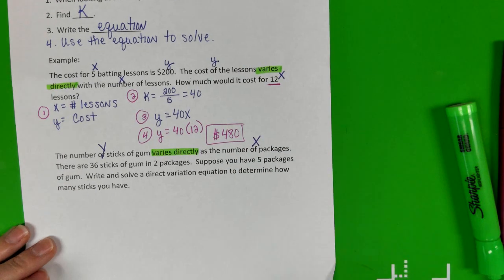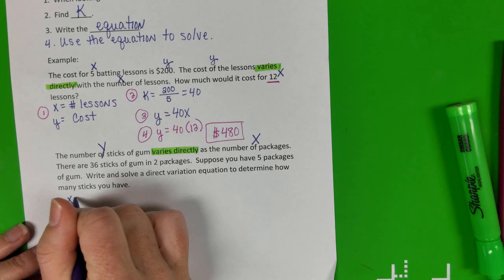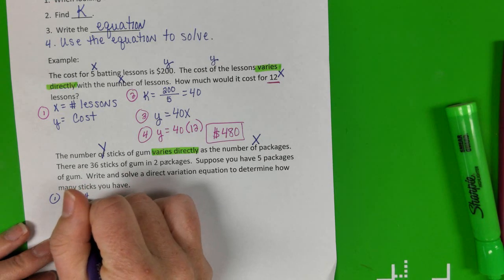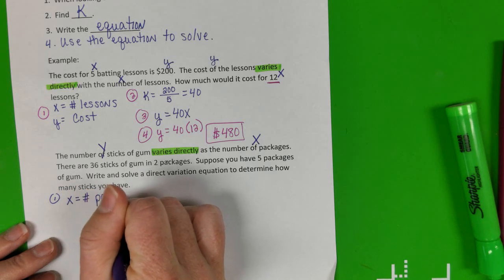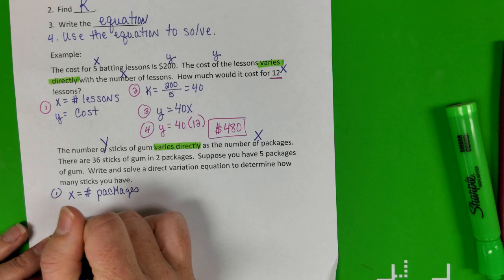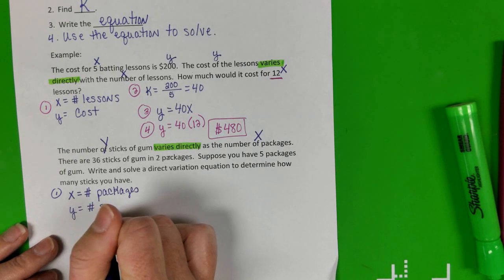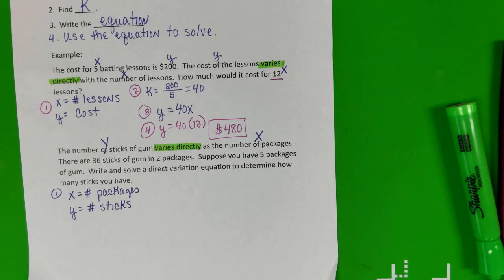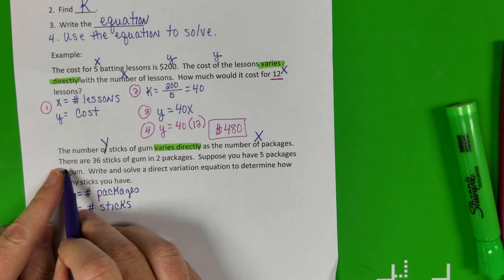Okay, so let's just write that down again just to see that we really have this. This is our step 1. X represents the number of packages of gum. Y represents the number of sticks of gum. So it's a little confusing because we got packages and we got sticks. Okay, so let's read the next sentence.